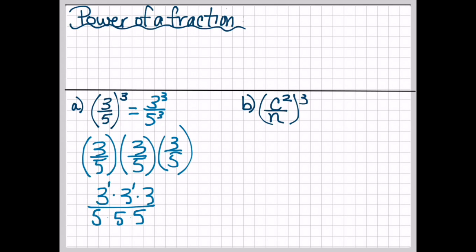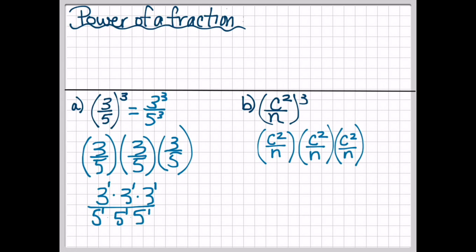It's the same exact rule as we had before, where we're going to add our exponents to get our final answer. So let's take a look over here at part B. We'll do the same thing. C squared over n times C squared over n times C squared over n.